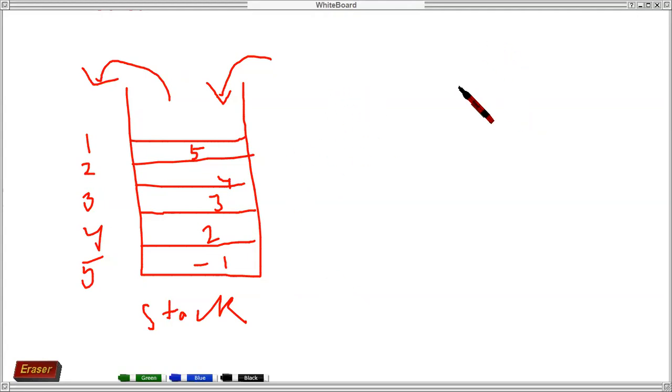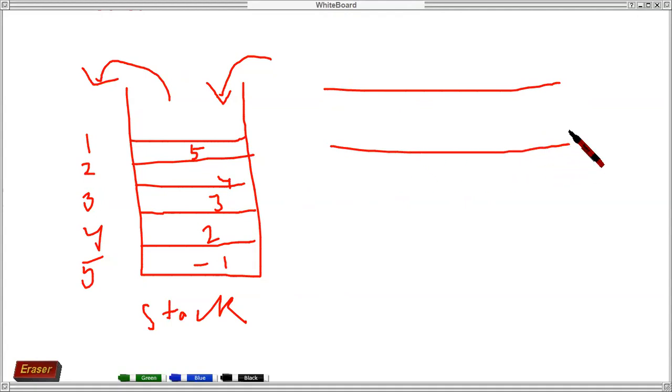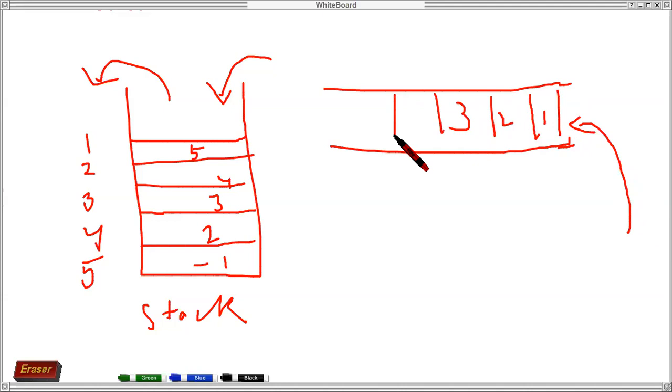Now in the queue sequence, what happened? You can take it in this fashion. If you are entering through this end, then this becomes first, second, third, fourth, and this becomes fifth.